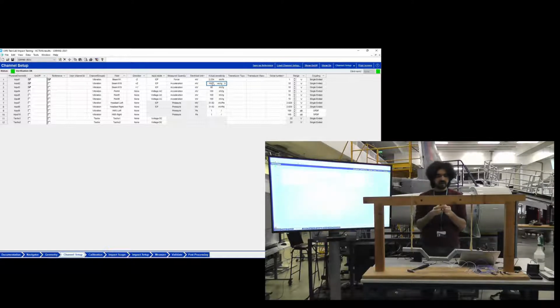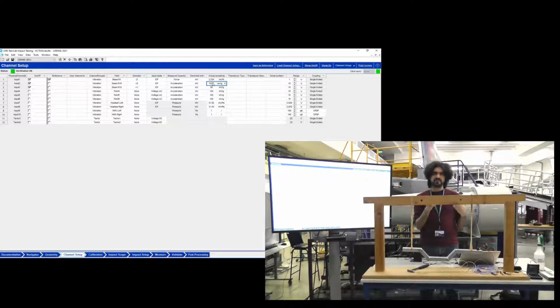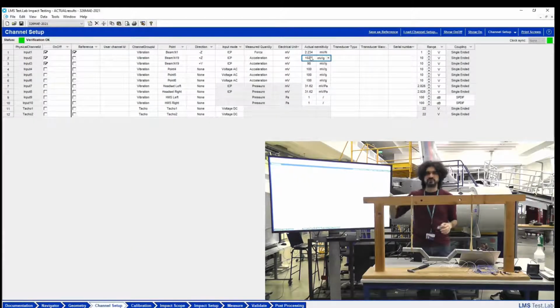That means every time the acquisition box reads 102.7 millivolts, that means 1 G. If it measures twice as much, it's 2 G. The box doesn't need to know this, but if you feed this information to the software, it can make the conversion for you.